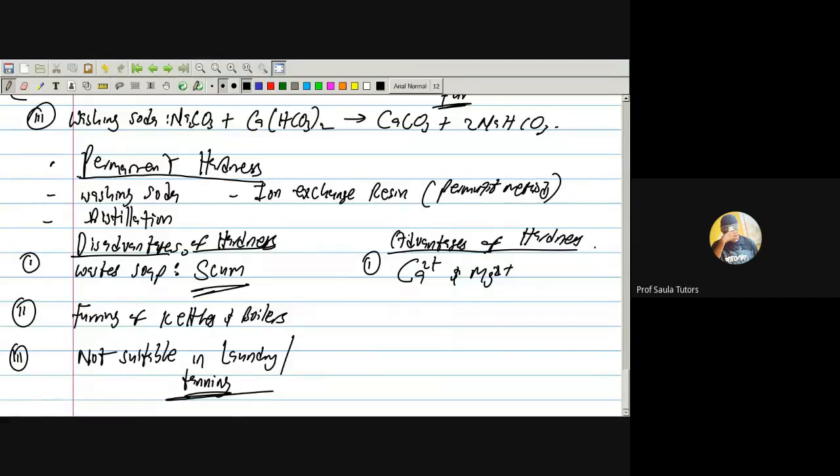Also, hard water has a better characteristic taste than soft water. Also, hard water is very useful in brewing, because of this taste, that is, in the brewing industry, to produce beer and so on.